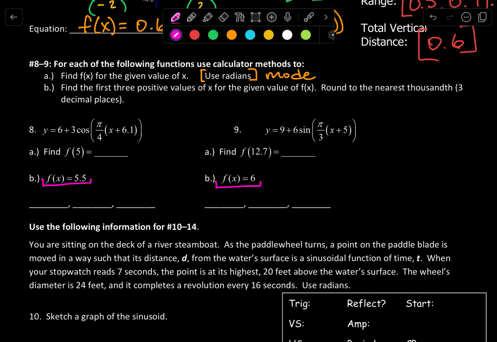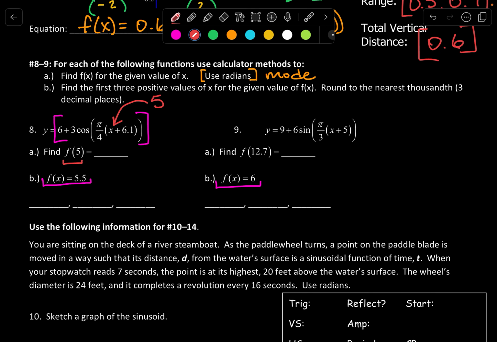With number 8, you're going to type this into your calculator, not into Y1. You're going to type it in on your normal calculator screen. And we are looking for F of 5, which means instead of the X right there, you're going to put in a 5. When you type this into your calculator, 6 plus 3 cosine, you got to then put pi over 4, and instead of x, you're going to put 5 plus 6.1.